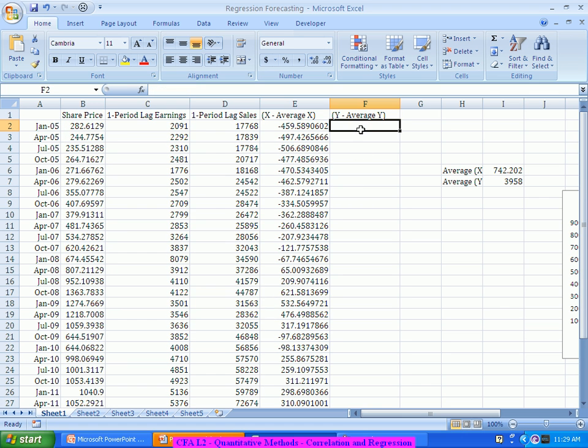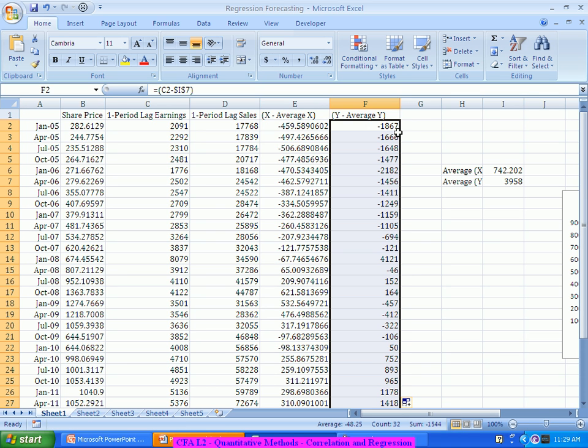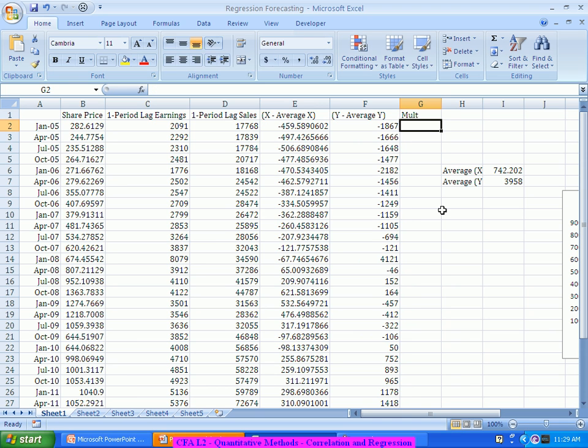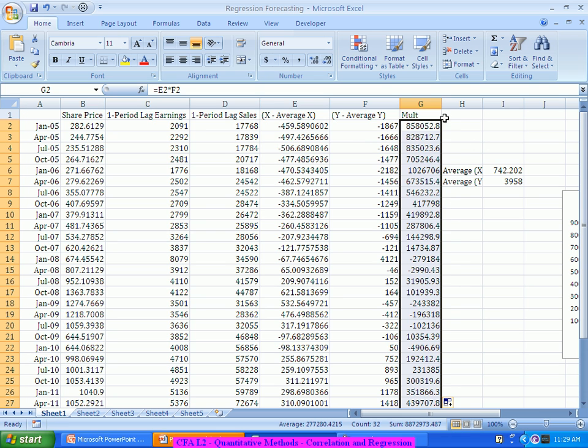Similarly, I am doing y minus average of y. So every element I am subtracting from the mean. So x minus average of x into y minus average of y divided by n minus 1. So that's where I'm looking at the multiplication of those two, x minus average of x multiplied by y minus average of y, and all these things are being summed up.